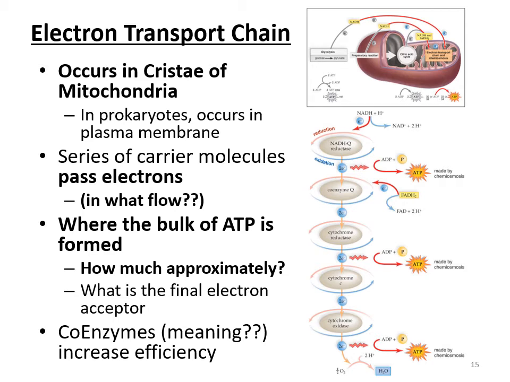The electron transport chain is a series of carrier molecules that are passing electrons from a high energy state to a low energy state. Think of nature: in balance, things want to go from high to low. That even works with energy. So electrons are passed from high energy states to low energy states. It's basically a complex mixture of proteins and what are called cytochromes, which are proteins tightly bound to iron atoms.